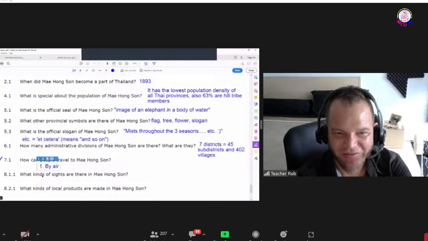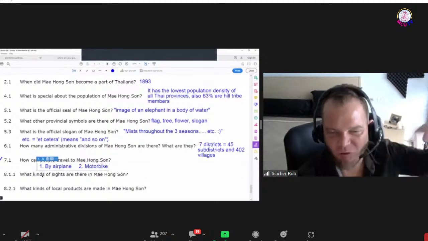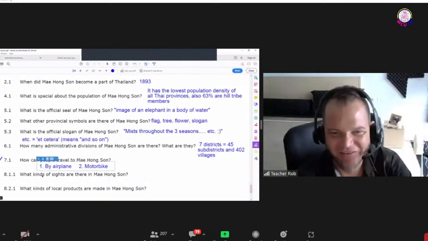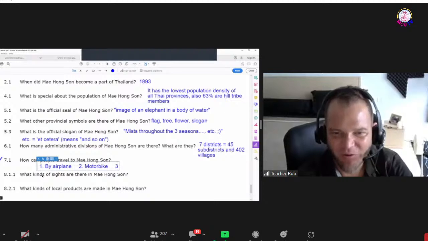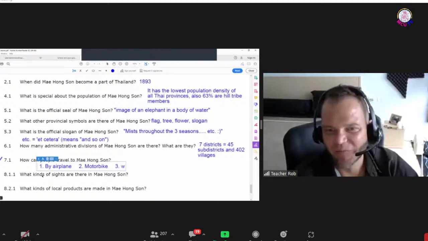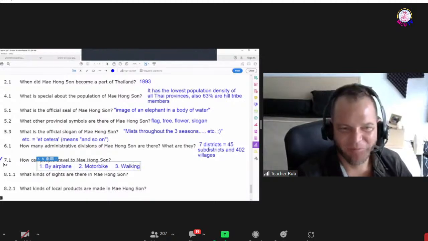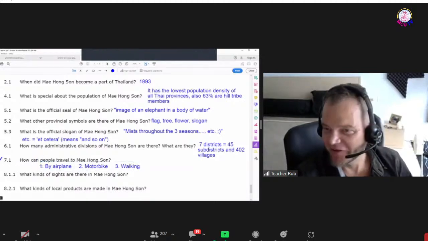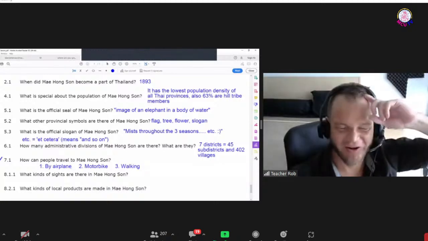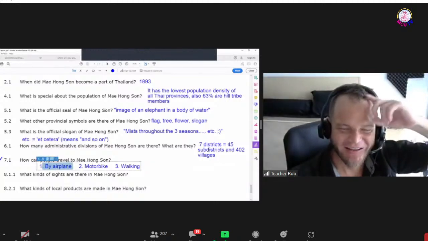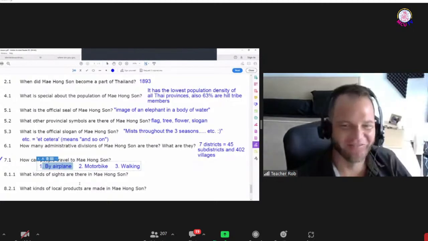Or walking. Yep, exactly. So by plane, motorbike, or just walking in the remote parts. So that's all the ways people can travel. I actually didn't know this either. I did not know that there's an airport up there. I went by motorbike when I went there, but yeah.